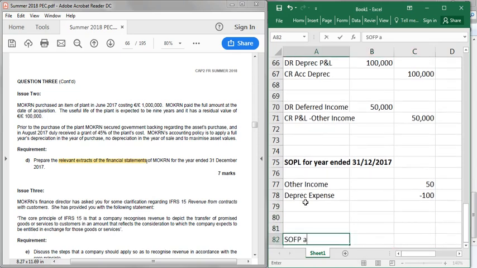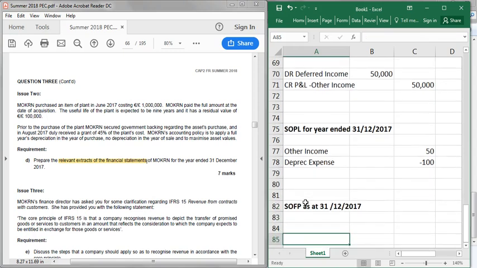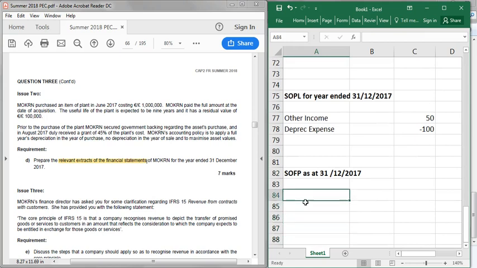In your SOFP, as at the 31st of the 12th, 2017, similar logic, we now want to see, well, what goes in each one. Well, we know we have a non-current asset. You have PP&E cost and PP&E accumulated depreciation.